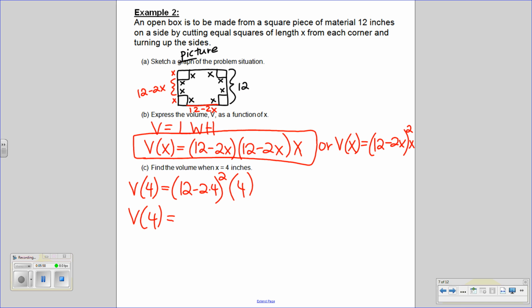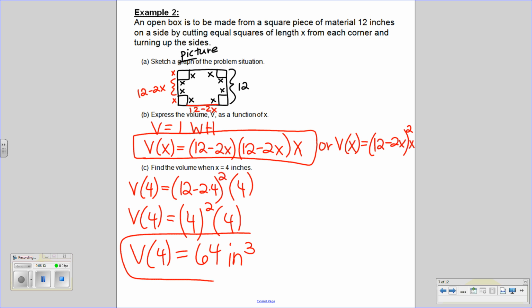So 12 minus 8 gives us 4 squared times 4, and that gives us 64. And we're working in inches, so this would be 64 inches cubed. Okay, and those are just some examples with area and volume of rectangular prisms.